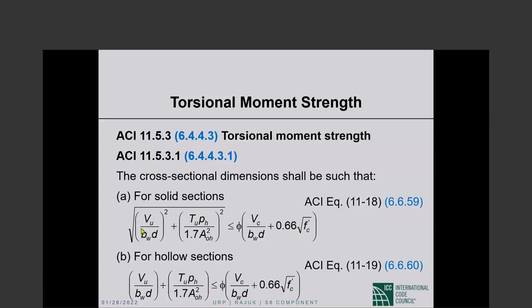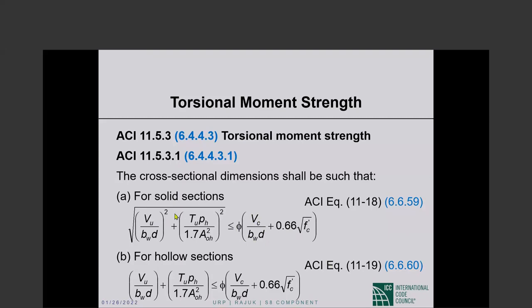So the square root of the sum of the squares of the shear stress and the torsional stress shall not be any more than phi times the shear resisted by the concrete plus 8 square root of f sub c prime in our units.